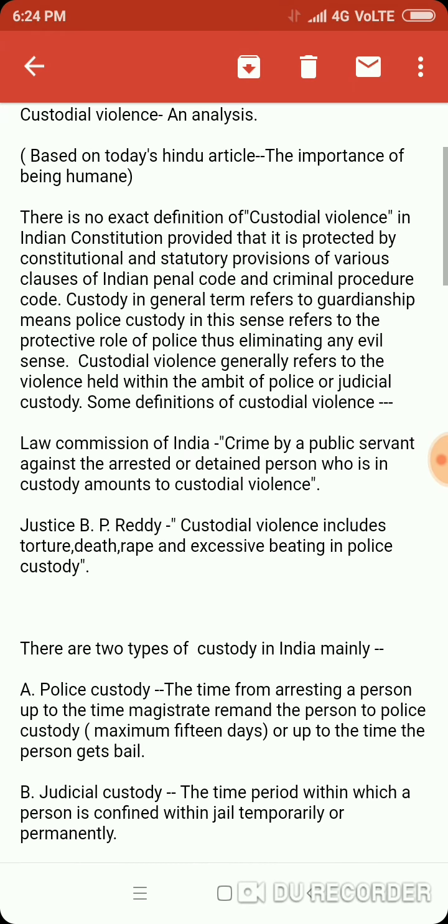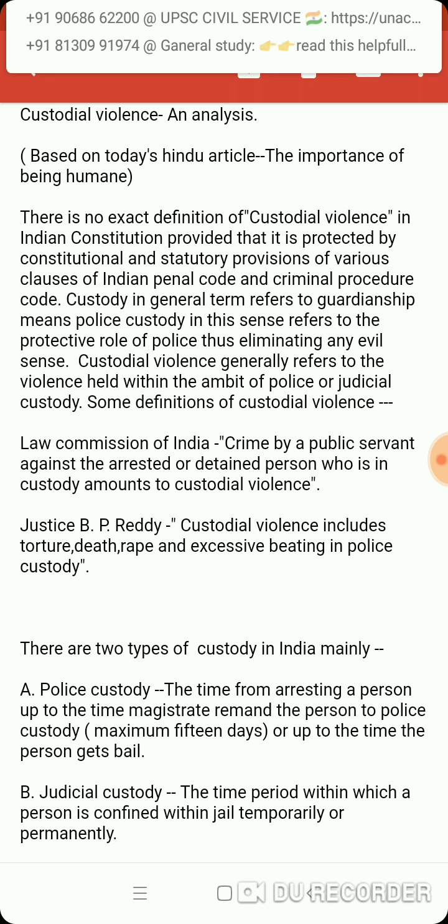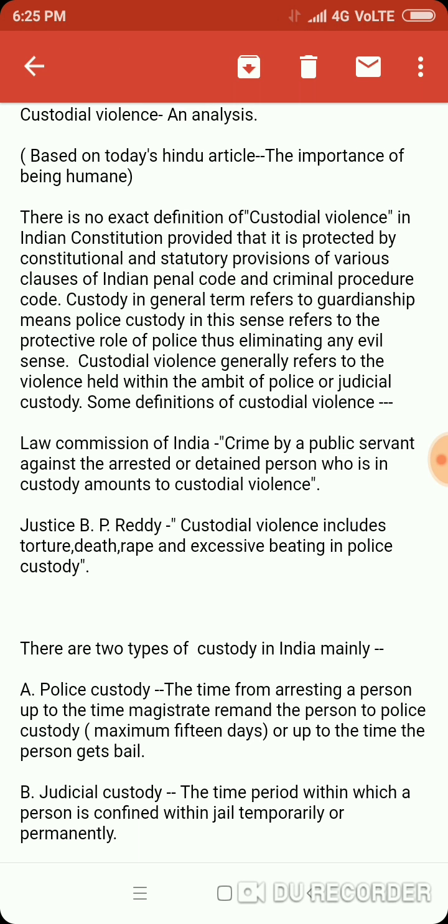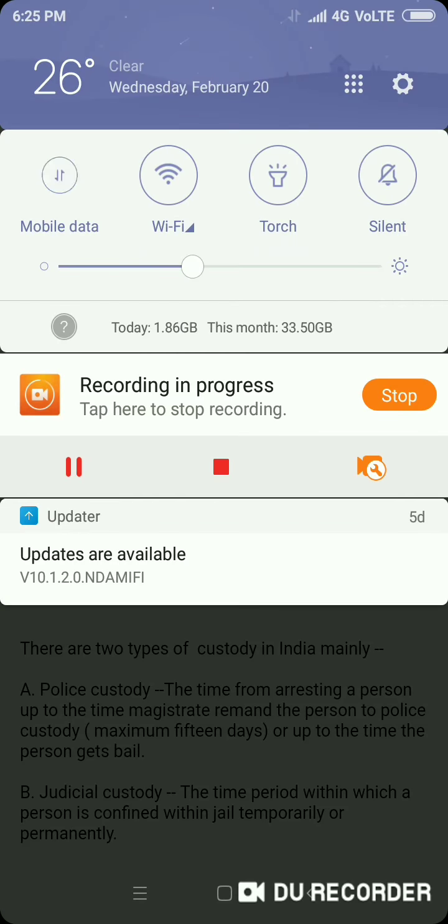So let's see. There is no exact definition of custodial violence in the Indian Constitution, provided that it is protected by constitutional and statutory provisions of various clauses of the Indian Penal Code and Criminal Procedure Code. It has not been defined in the Indian Constitution. Instead, there are various provisions of the Indian Penal Code and Criminal Procedure Code which deal with custodial violence in India.